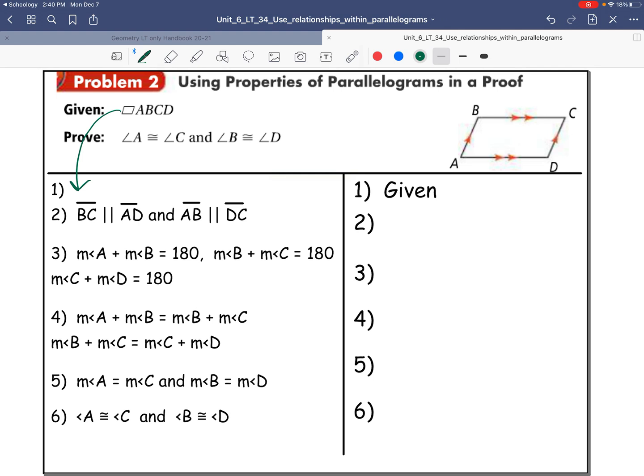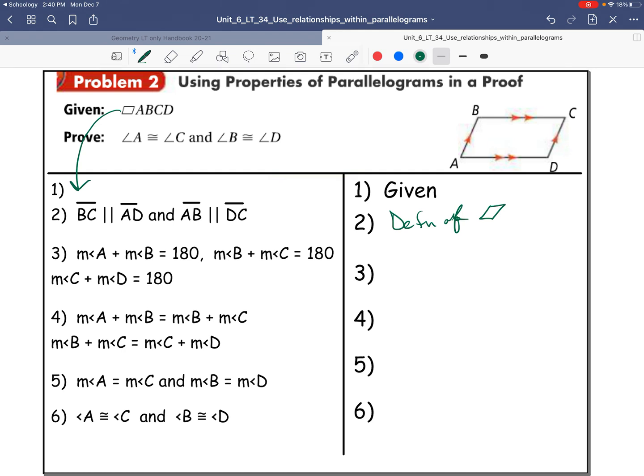Okay, now that you've written down these statements, we're given that it's a parallelogram. So we've got BC parallel to AD and AB parallel to DC. This is definition of a parallelogram.